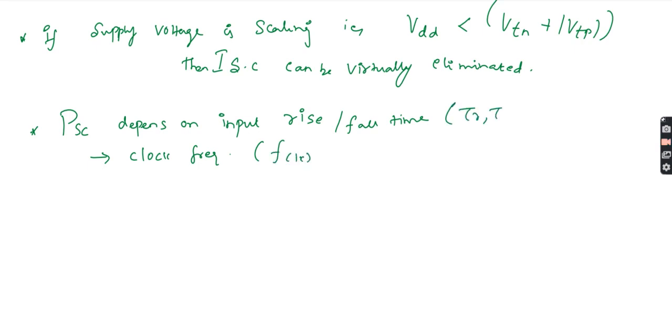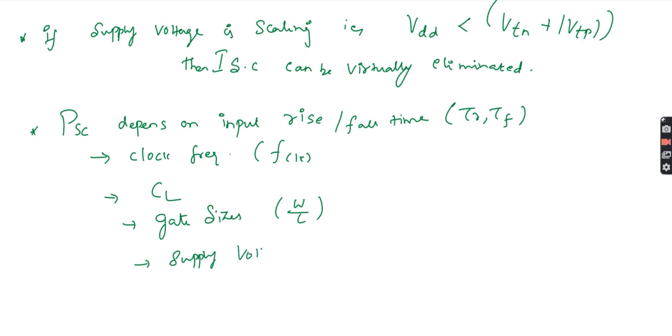This will be tau r, tau f. Then the third one is CL, that is load capacitance. Fourth one is gate sizes, gate sizes means W by L, and above all the supply voltage. Your short circuit power dissipation depends on all these parameters.